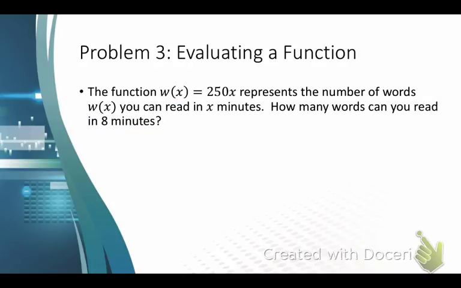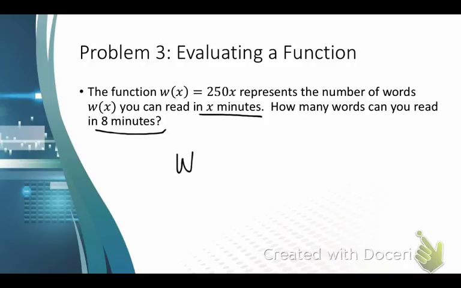Okay, so let's take a look at this type of notation. In problem 3 here, the function w of x equals 250x represents the number of words, w of x, you can read in x minutes. How many words can you read in 8 minutes? Well, in order to solve this problem, I am looking to figure out how many words in 8 minutes, and I do see that x is minutes, so I am going to go ahead and plug in 8 for x.